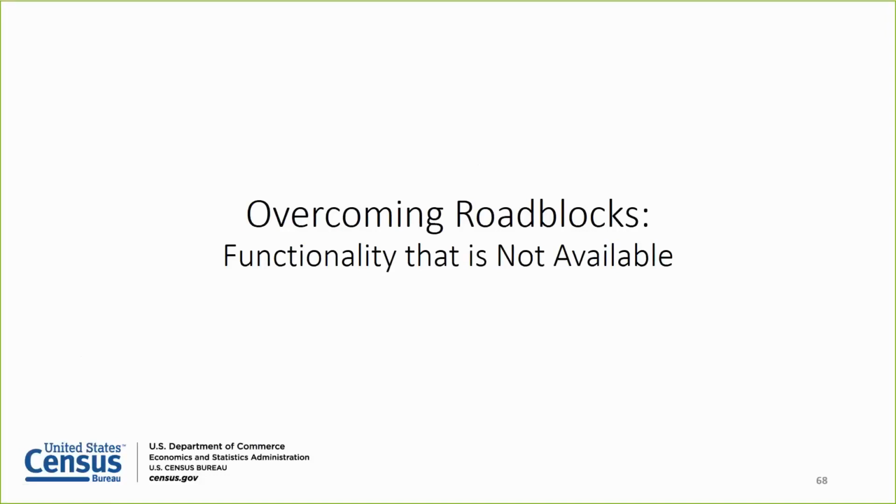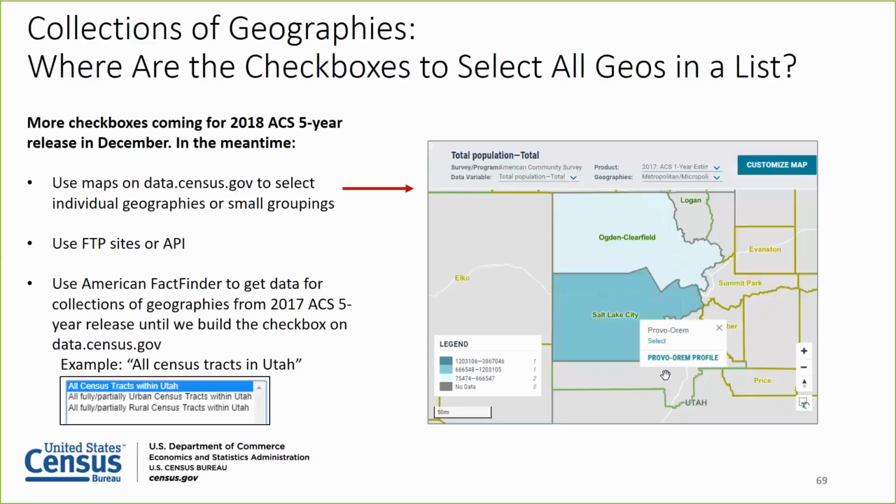So we wanted to kind of highlight some of those, talk about that functionality that's not available, and some workarounds. So the first one is those collections of geographies. So we are preparing for the ACS 5-year release. Most of those collections of geographies are most important for the 5-year release.